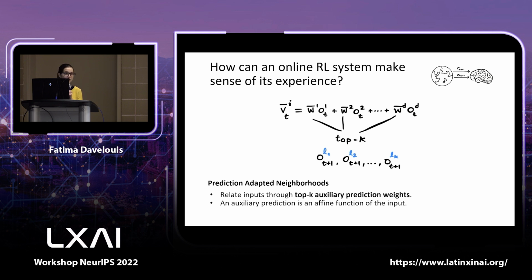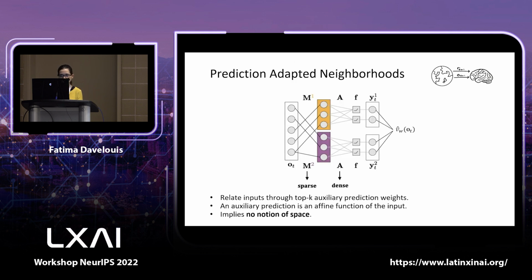And we can say that because the auxiliary weights are highest, then these components are the most important in predicting the cumulants, being the ith component of a specific general value function. And the important thing here is that finding these top k inputs implies no notion of spatial relationships.